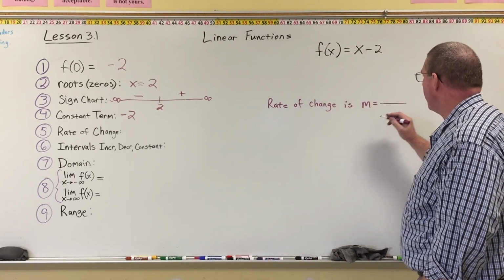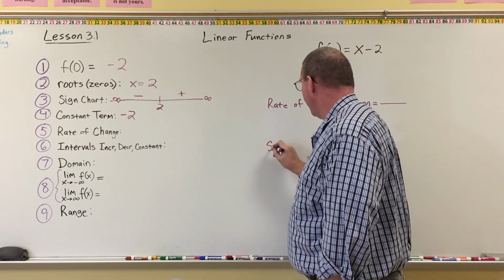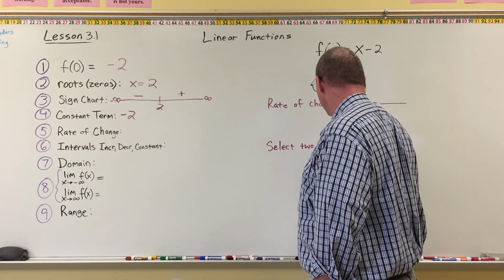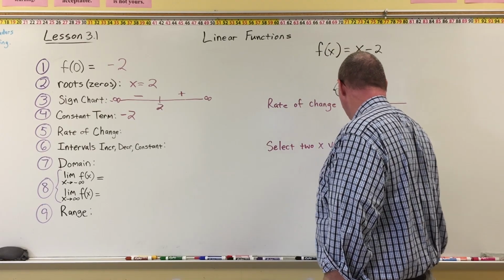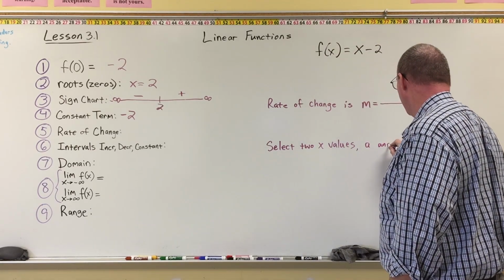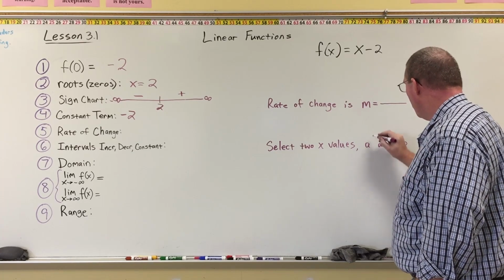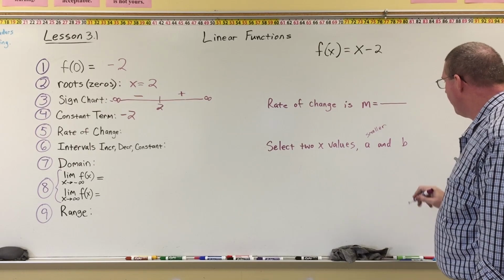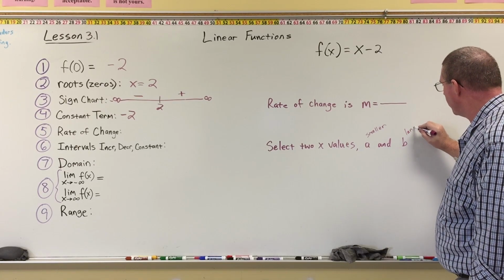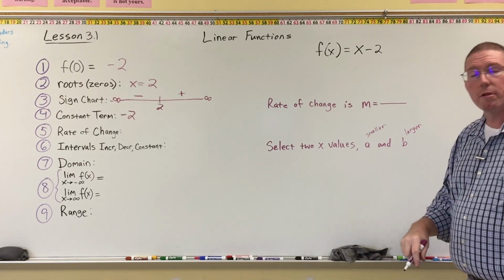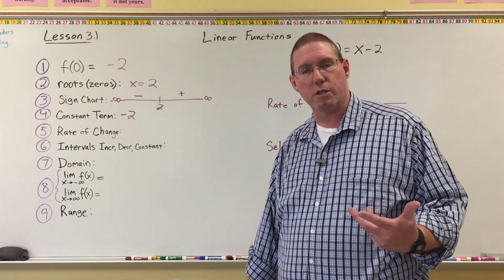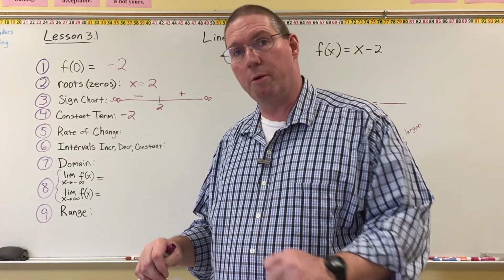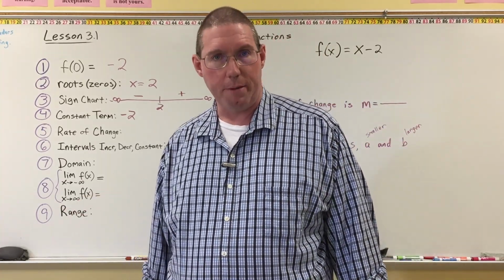And so we're going to select two x values, A and B, where A is typically the smaller of the two values and B is typically the larger. So let's say the two numbers you select are 5 and 11. A would be your 5, 11 would be your B, okay?